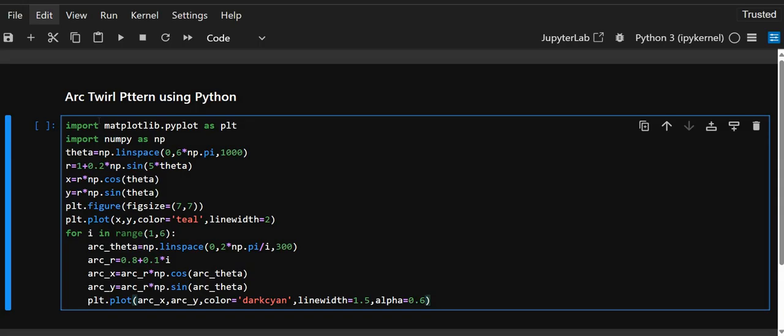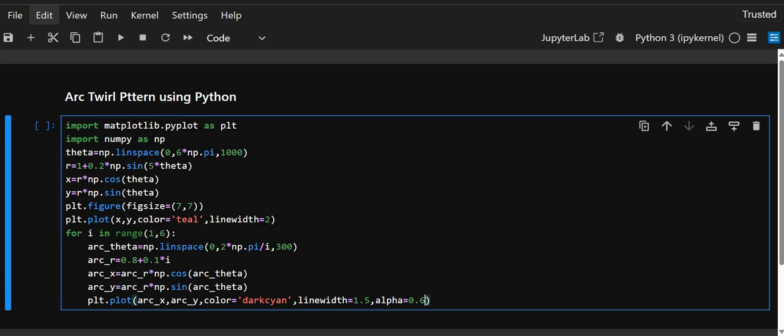For each arc, arc theta is a range of angles from 0 to 2 times np.pi divided by i, with 300 points. So here it defines how much of a full circle the arc will cover.